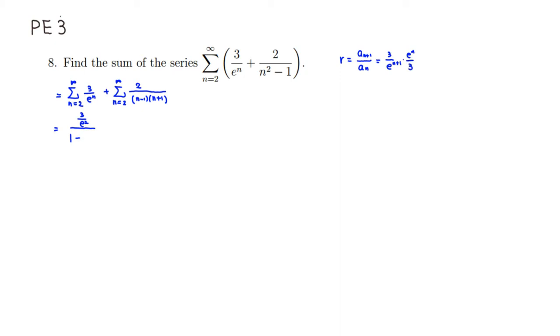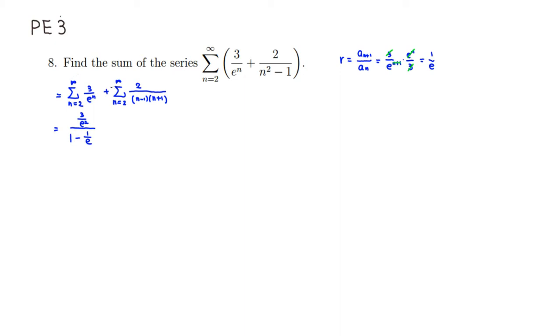You can cancel the 3 on top and the 3 on the bottom. Then you have e to the n and e to the n, let's scratch that out, so you have e left over. So this is going to be 1 over e. So our r value is 1 over e, and that will be the sum of the geometric series, which is this first one.